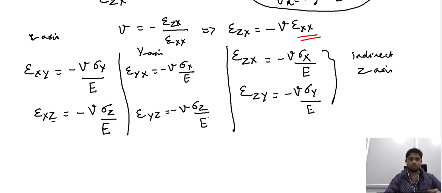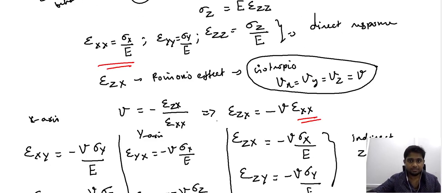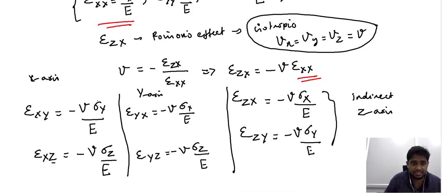So we have three direct responses and we have expressions for all three, and we have also found that there are 6 indirect responses and we have derived the expression for all 6.